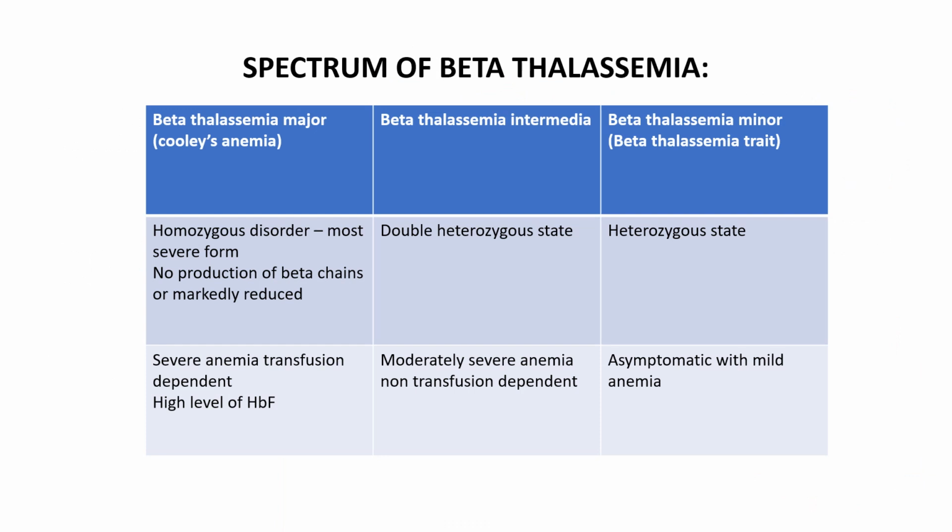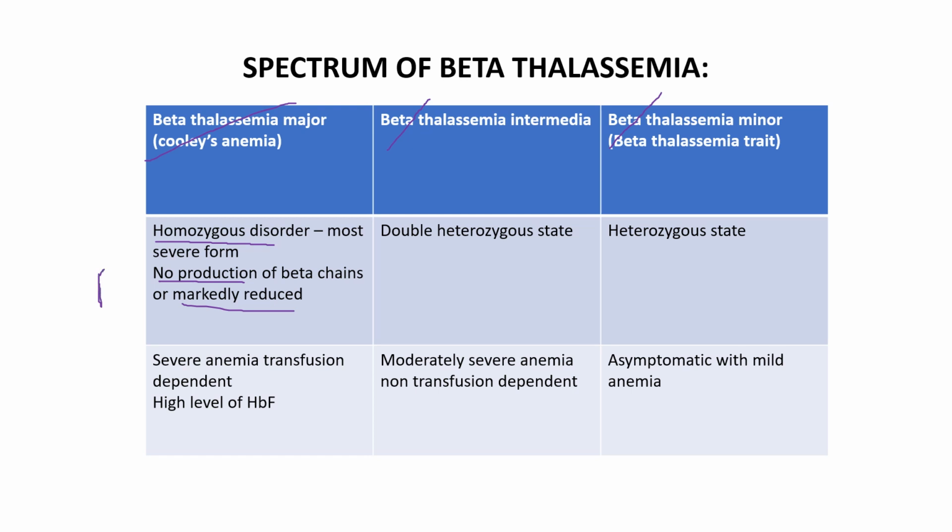We'll see the spectrum of beta thalassemia. In beta thalassemia, we have three spectrums. One is beta thalassemia major, the other is beta thalassemia intermedia, and the third one is beta thalassemia minor, also called beta thalassemia trait. Beta thalassemia major is a homozygous disorder. Either there will be no production of beta chain or a markedly reduced production of beta chain.